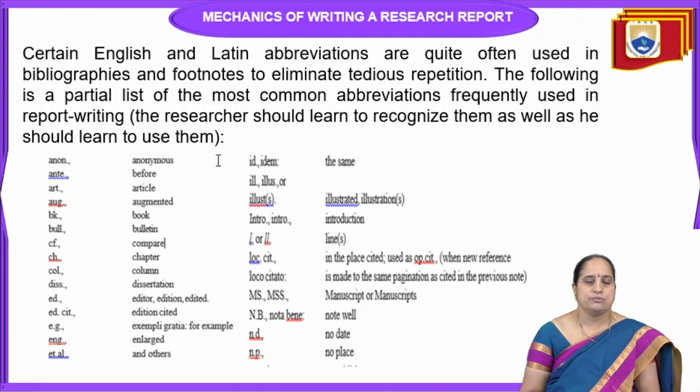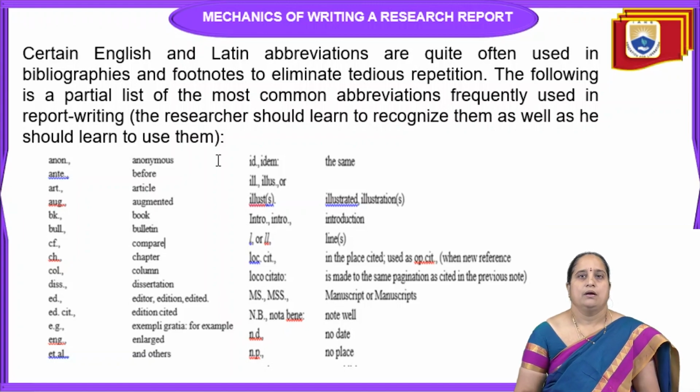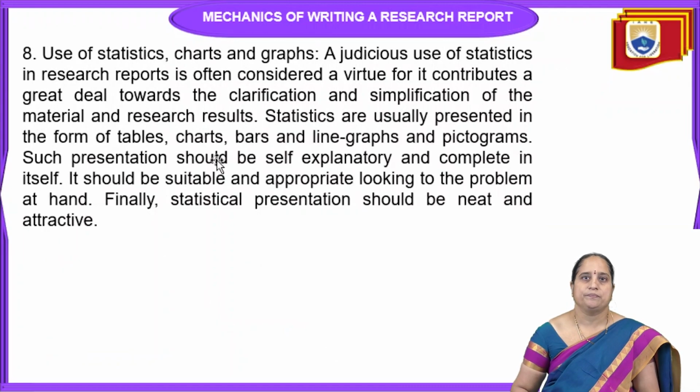So the researcher should learn to recognize them as well as learn to use them. Anon., anonymous; ante, before. So like that we have to specify a number of English and Latin abbreviations in our report.